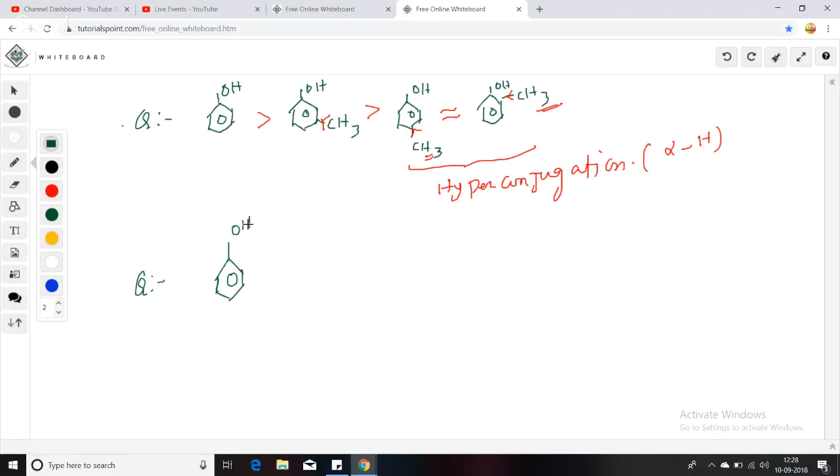We have OH and NO2 here. OH and NO2 here. OH, NO2 here, and then we have last phenol.